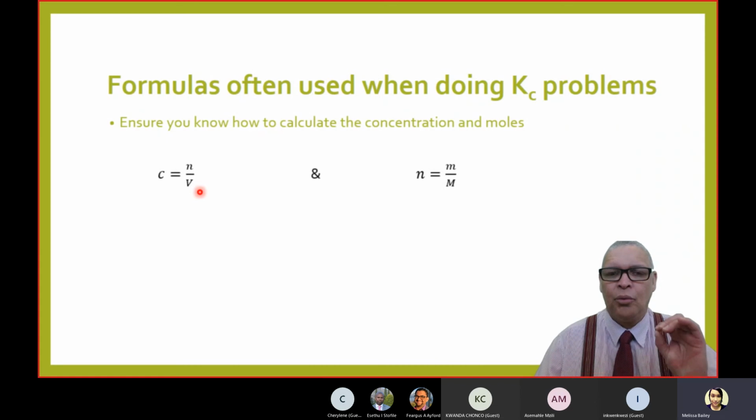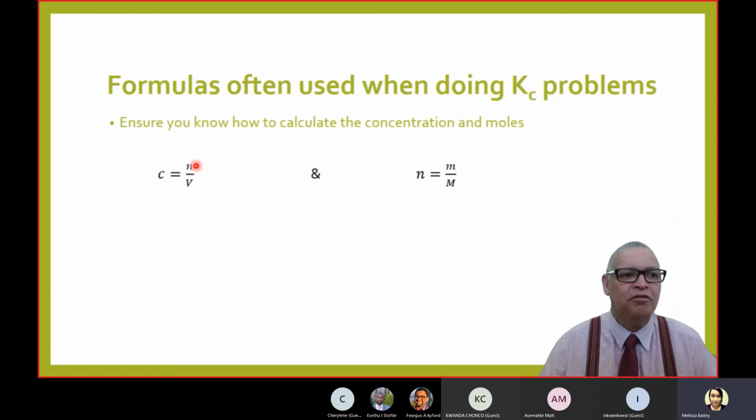Now, grade 12s, we must recognize one important point here. The number of moles, the SI unit for that is mol. And the volume is measured in cubic decimeters. So if you're given a volume in cubic centimeters, make sure that you convert that to cubic decimeters, because concentration has as an SI unit mole per cubic decimeter.